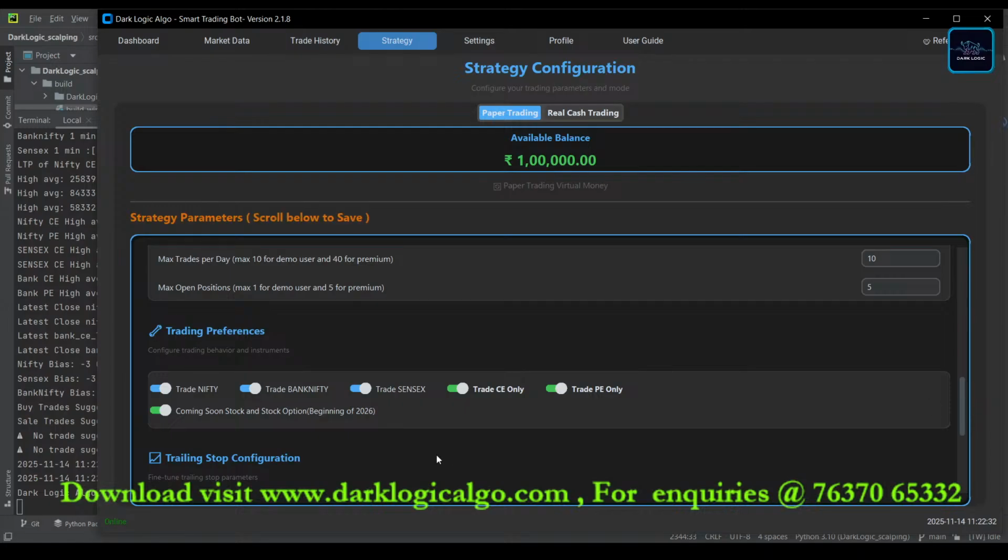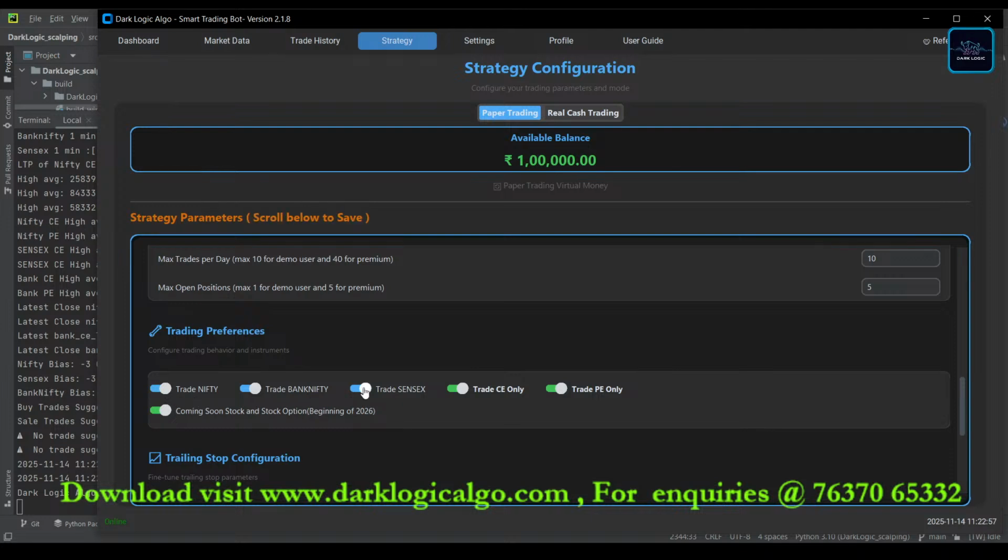And there is a very important thing over here. You can switch on and off segment, which index you want to trade. It's like Nifty, Bank Nifty, and Sensex, and call side and put side. If you switch off the Nifty, and there is any trade suggestion for Nifty, then it will not place the Nifty trade.